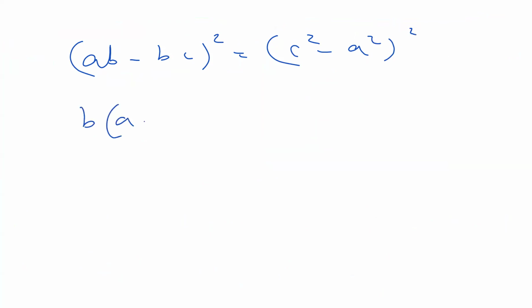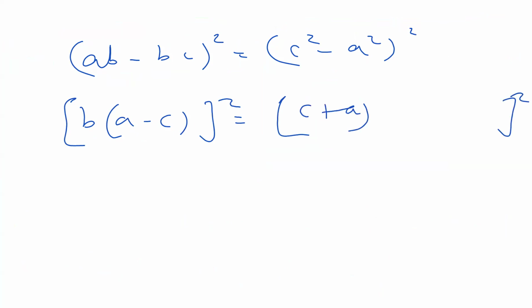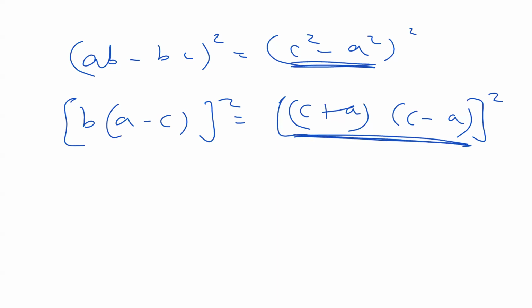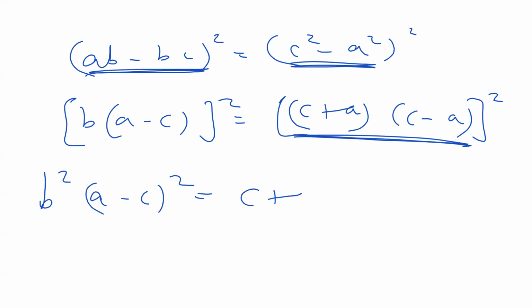I take b common, a minus c the whole square. Here it will be c plus a, c minus a. c square minus a square is c plus a, c minus a. And here b is common. So b square a minus c the whole square equal to c plus a the whole square, c minus a the whole square.